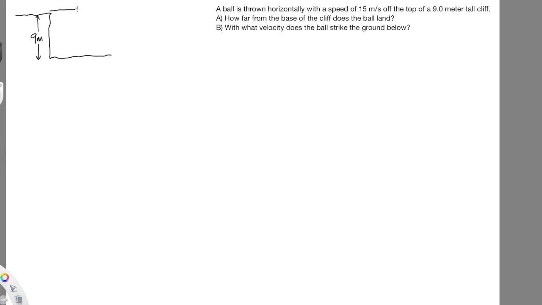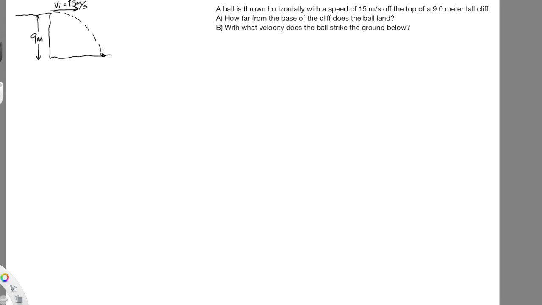And the ball is given an initial velocity, VI, of 15 meters per second, and the ball's trajectory will look something like this parabolic arch there, where it strikes the ground below. And we want to know how far from the base of the cliff the ball lands and with what velocity it strikes the ground.